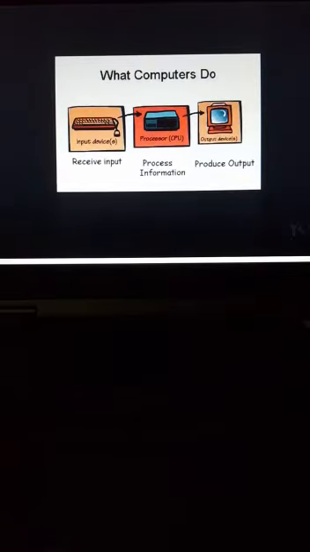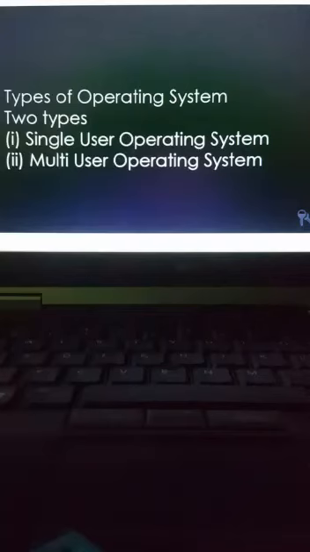And the operating system makes this exchange of input and output possible among the input devices, the software, the CPU, and the output devices. So students, a computer is of no use without an operating system. I hope you understand the operating system.